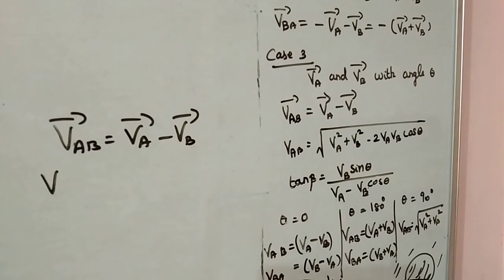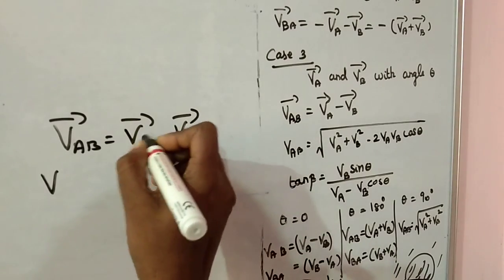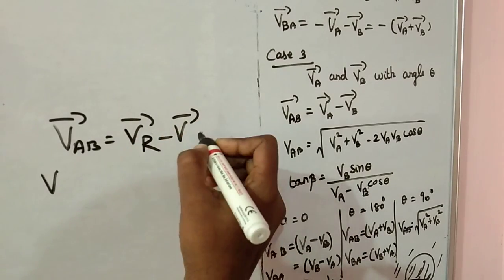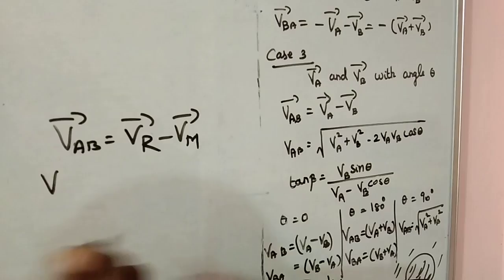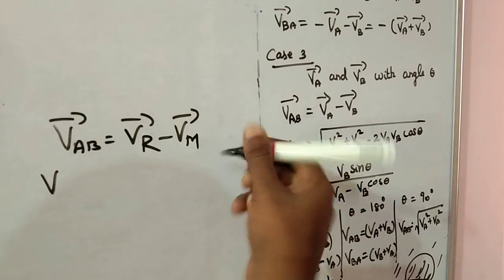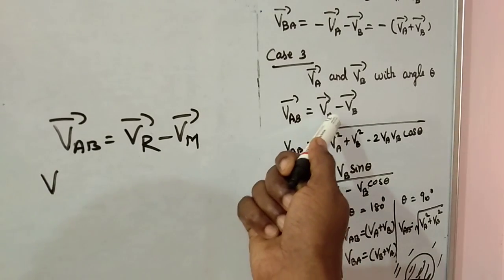So VAB can be written as VM minus VR, or VR minus VM. So this is like the third case.